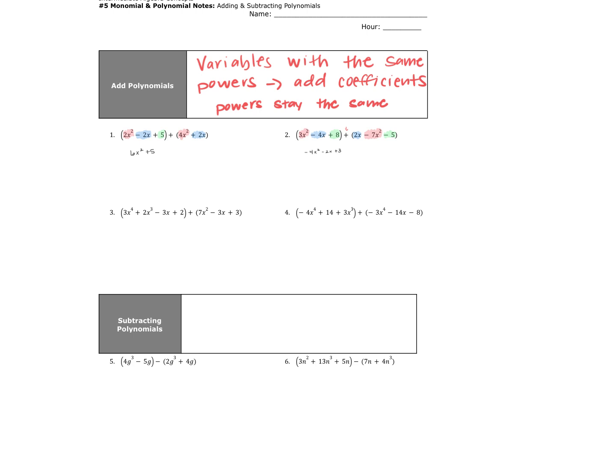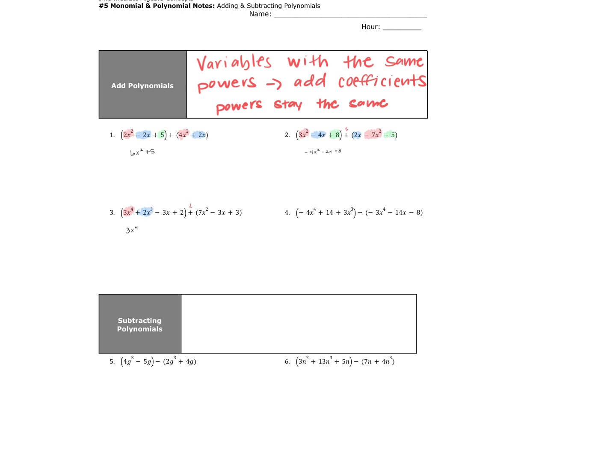Okay, let's try number 3. Again, I'm looking at the symbol in the middle. I have a positive. So I'm going to start with my highest power first. When I look through all those, I have 3x to the 4th. There aren't any more 3x to the 4th, so that's just going to stay the same. The next power would be to the 3rd, and I have a positive 2x to the 3rd.